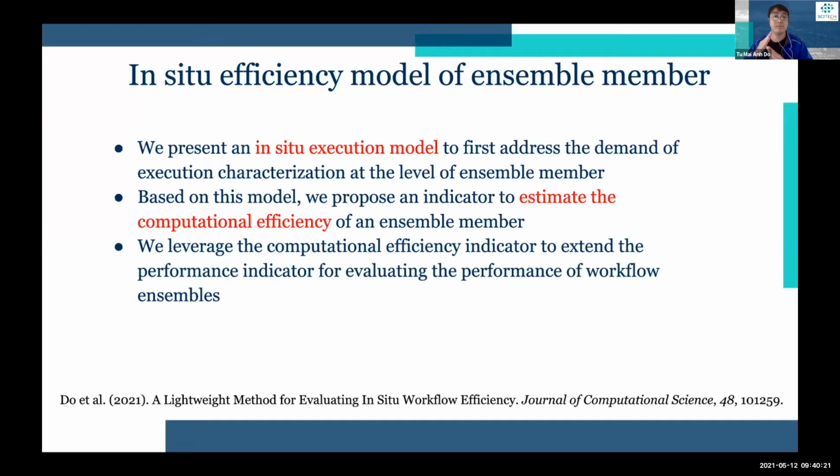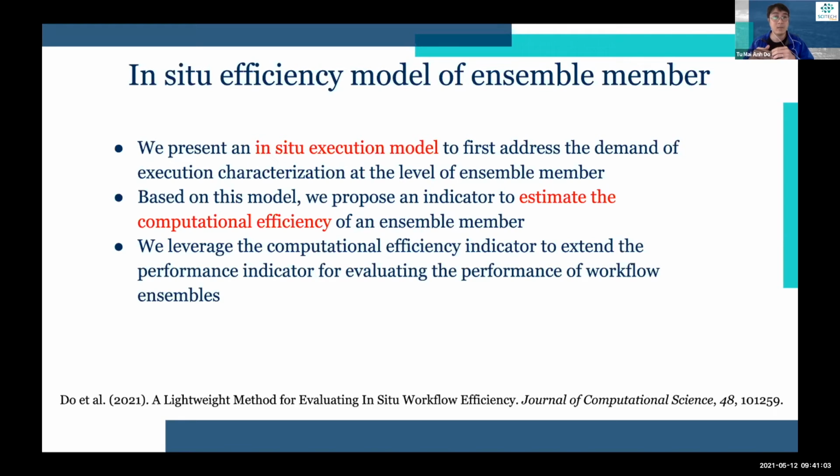This work is based on one of our previous works that introduced an in situ efficiency model, and we apply this model at the level of ensemble members. We use this in situ execution model to characterize the execution of the ensemble members. Based on these models, we proposed an indicator to estimate the computational efficiency of the ensemble members.